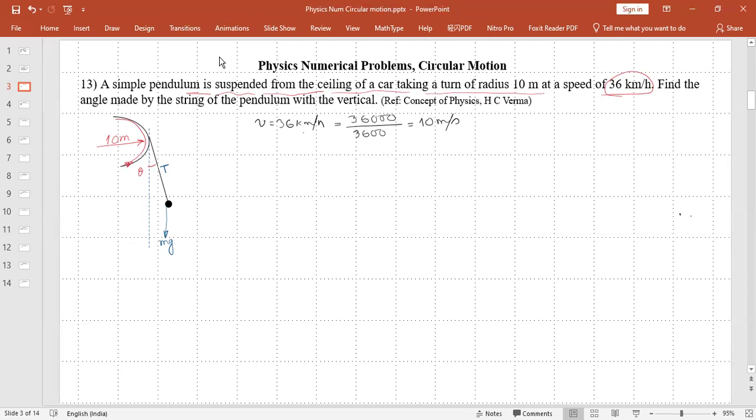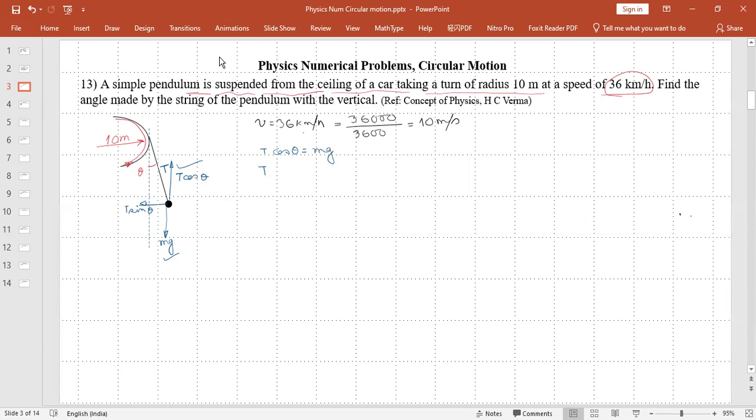If this is theta, then obviously the vertical component of the tension is T cos theta, and the horizontal component of the tension is T sin theta. Now we put our arguments. Obviously T cos theta has to balance mg. So T cos theta is equal to mg.